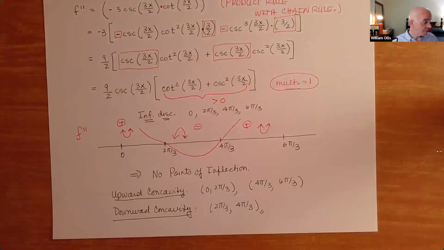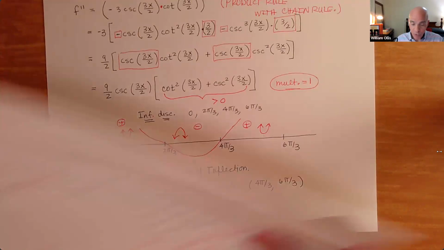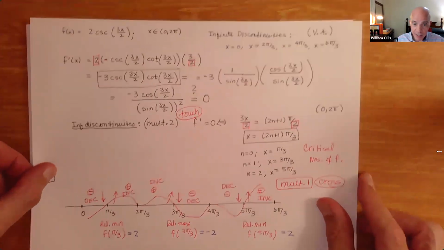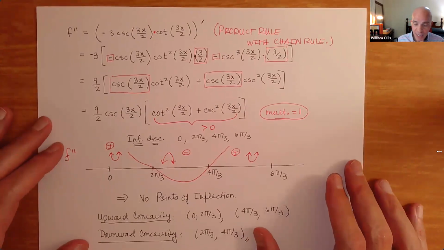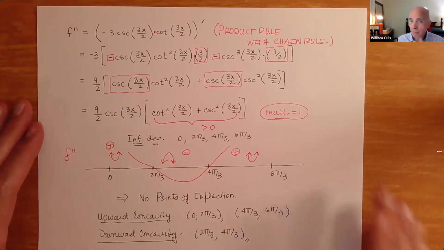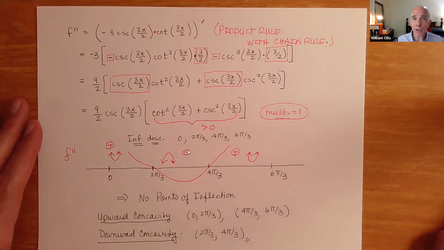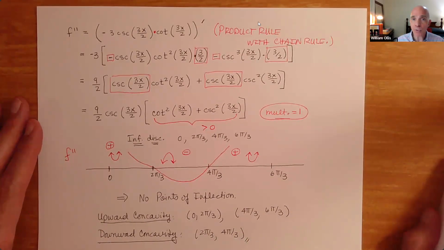That is, we have the verification through the first derivative analysis, and we have the verification through the second derivative analysis. So as you work through these particular examples, don't discount the first derivative. Go ahead and analyze the first derivative. Make your way to the second derivative.